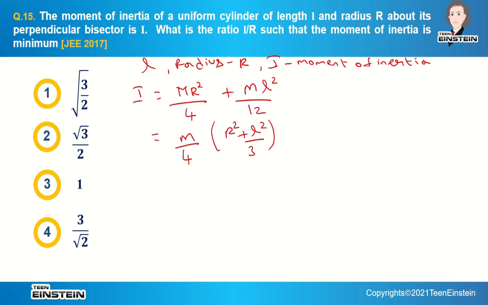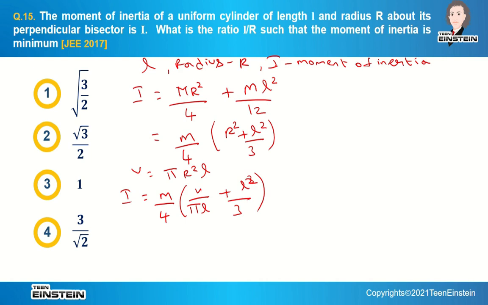Here V is given by V = πr²L. So if you substitute the r² value there, you will get I = (m/4)(V/πL + L²/3).